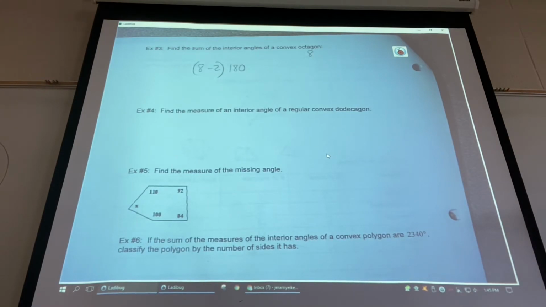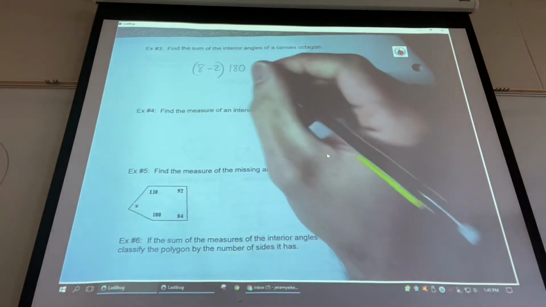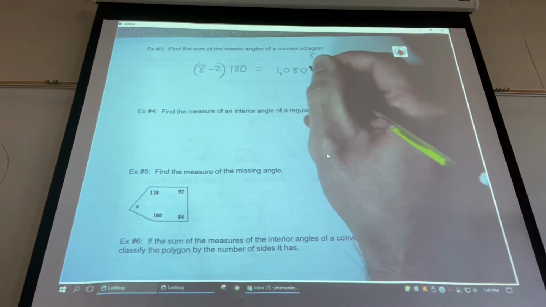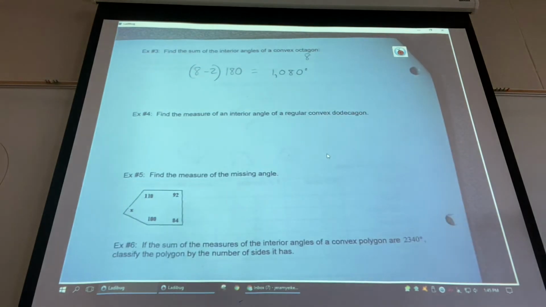I got 1080 degrees. 1080 degrees is the sum of the interior angles of a convex octagon. Aren't you proud? Yes.